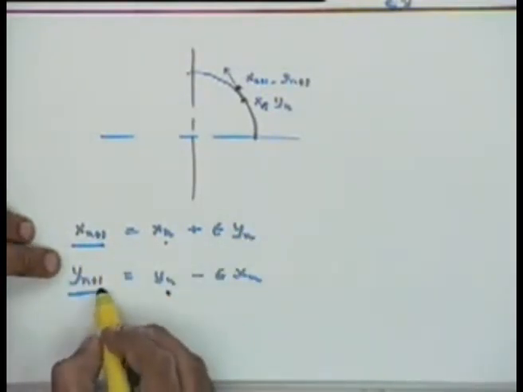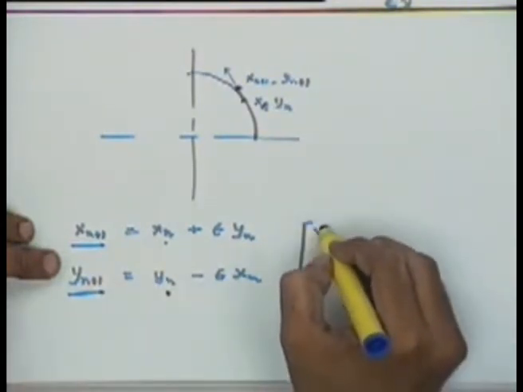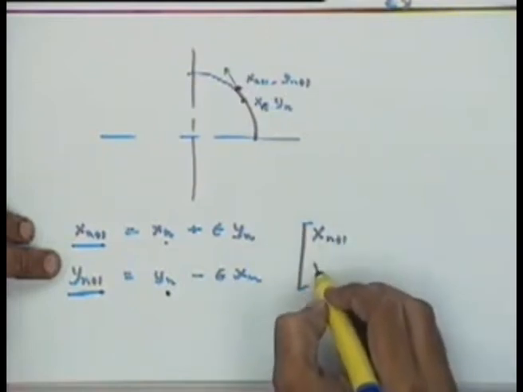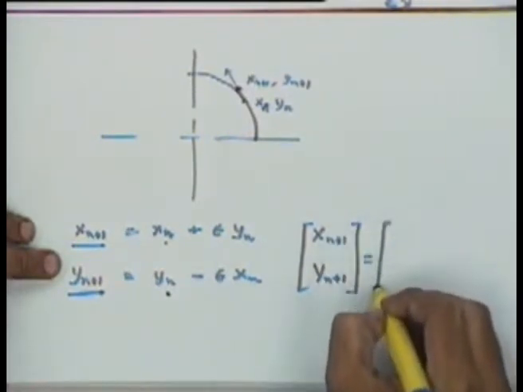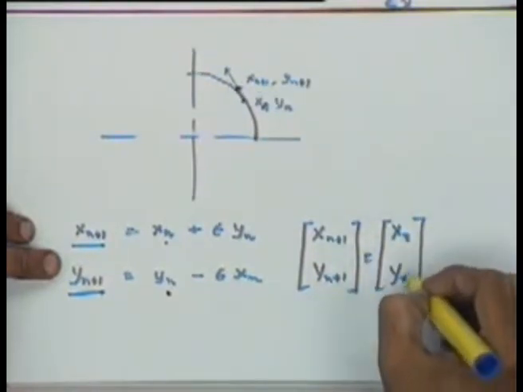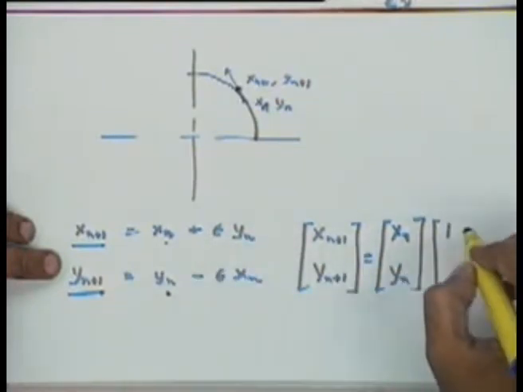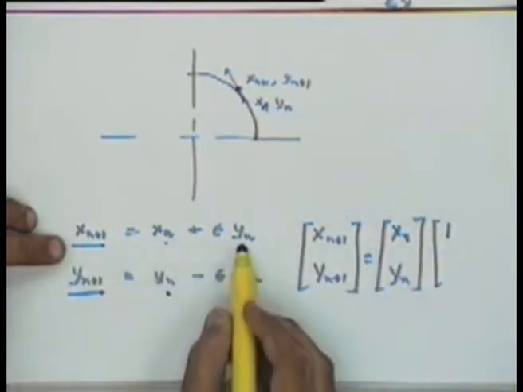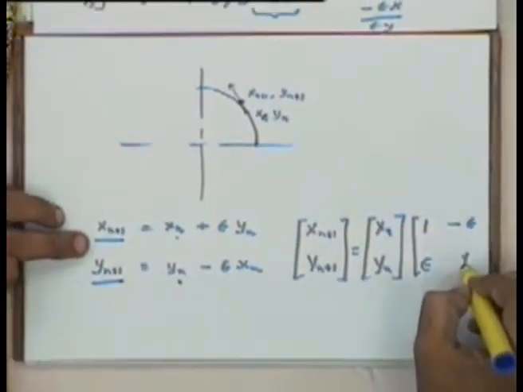Now, if xn yn is a particular pixel that has been drawn, the next pixel to be drawn is given by xn plus 1 yn plus 1, or I can write it in the form of a matrix: xn plus 1 yn plus 1 is equal to xn yn multiplied by the matrix 1 epsilon, minus epsilon 1.